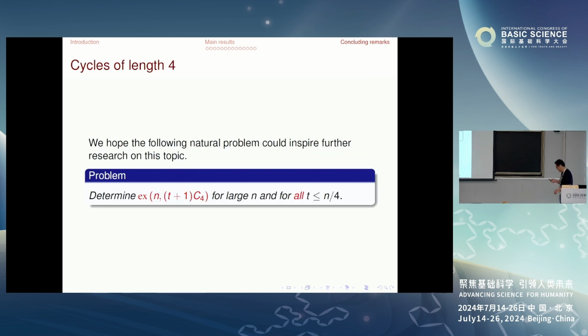Another one is this one. We want the following natural problem: for all t, and demanding the Turán number of t plus 1 copies of C4. Actually, for all t, the only degenerate graph is a triangle.